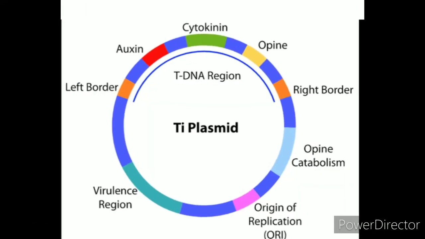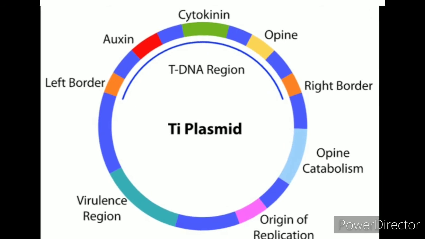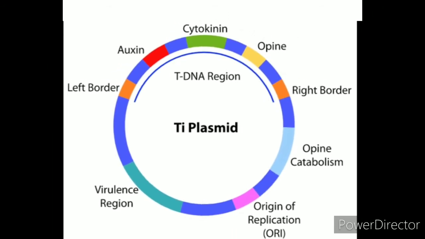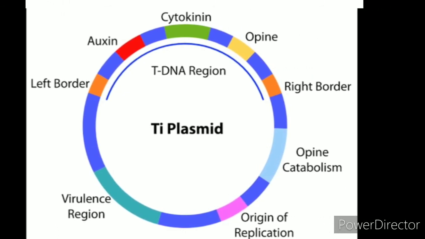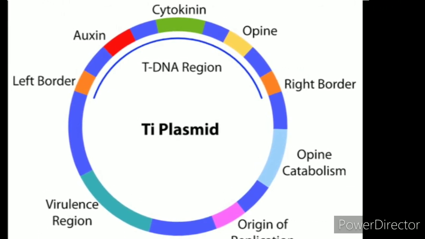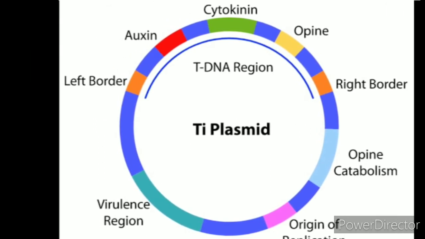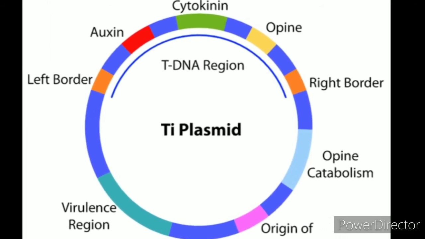Next one is the Ti plasmid. The Ti plasmid is found in Agrobacterium tumefaciens. It is a soil-inhabiting bacterium. This bacterium is responsible for inducing tumors in several dicot plants. The plasmid carries transfer genes which help to transfer T-DNA from one bacterium to another bacterial or plant cell.